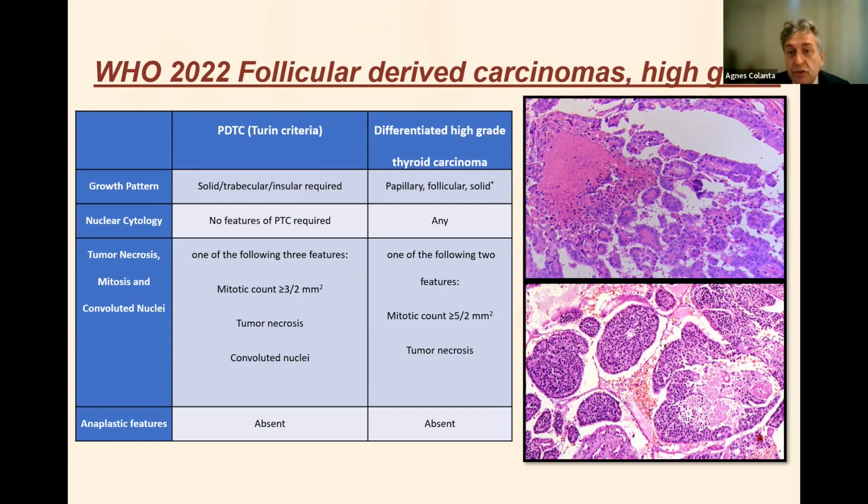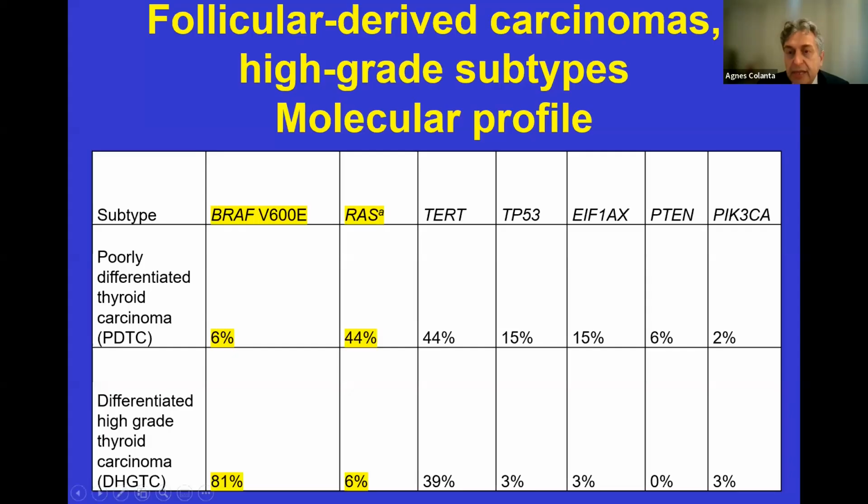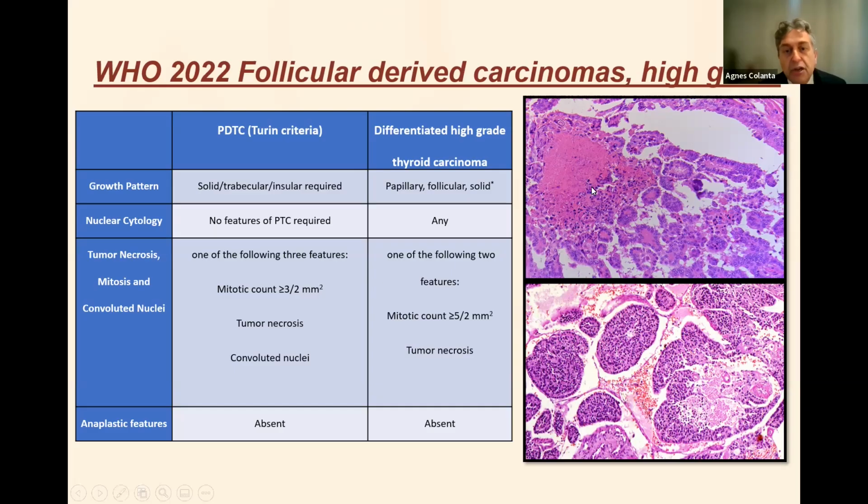Here you can have papillary and follicular growth, like the tumor above here, with necrosis that is needed, either tumor necrosis or a mitotic count of 5 per 2 square millimeter, one of those, and no anaplastic features. And these two tumors have the same outcome.